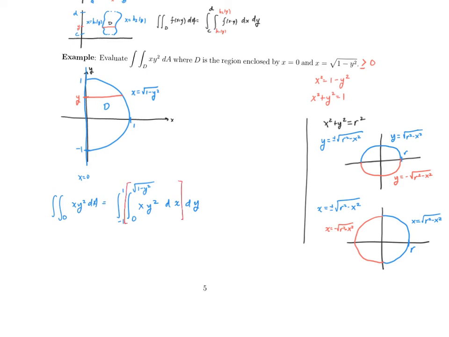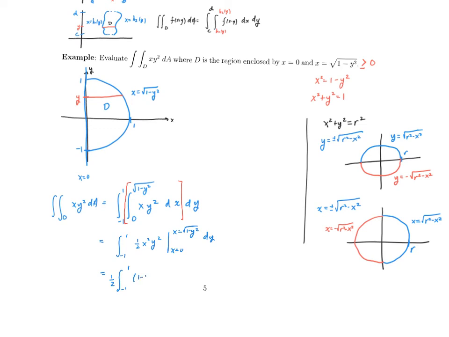Taking care of that inside integral, the antiderivative of x y squared with respect to x would be 1/2 x squared y squared. We're evaluating from x equals 0 to x equals the square root of 1 minus y squared. Note it works out rather conveniently in the sense that we have 1/2 as a constant that pulls out front.